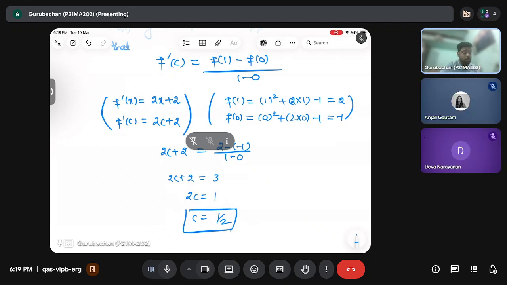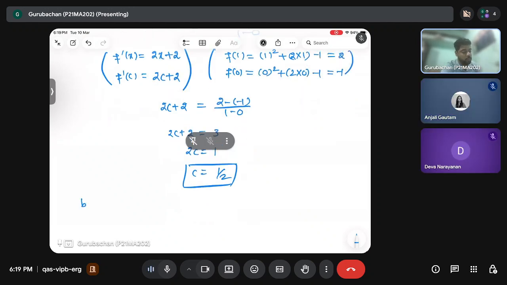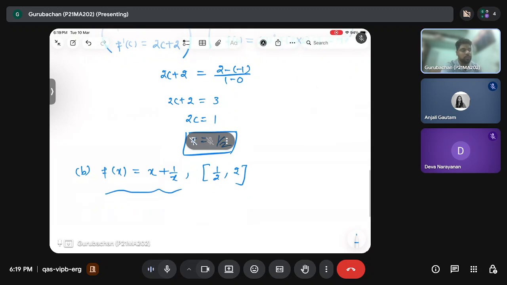Now what about the second one? In the second one, given f of x is x plus 1 by x and the interval is half to 2. Now the second term can create a problem only at x equal to 0. But our domain does not contain x equal to 0. Therefore, we can say that it is a continuous function as well as a differentiable function.